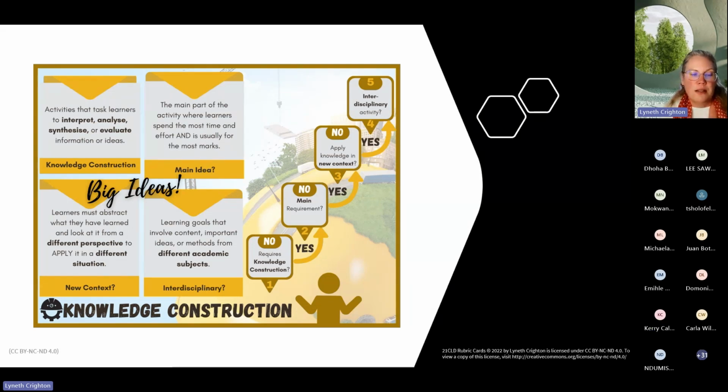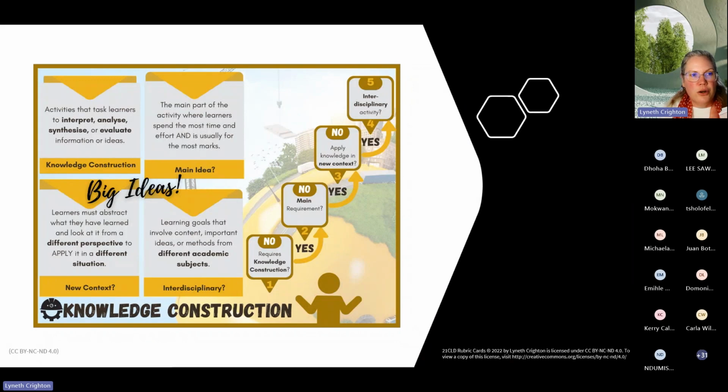Obviously, you could tell this is interdisciplinary, but the way the rubric works, I'm not sure if you can see my mouse. So we start at the bottom, and you ask yourself the question: does the project or unit require knowledge construction? In other words, they are going to create something new.